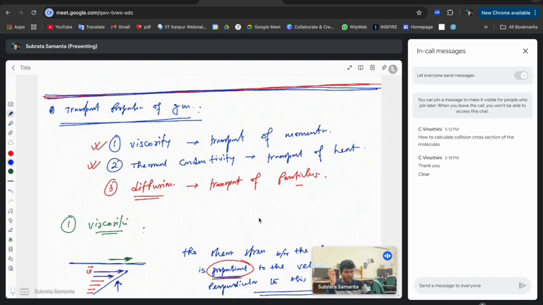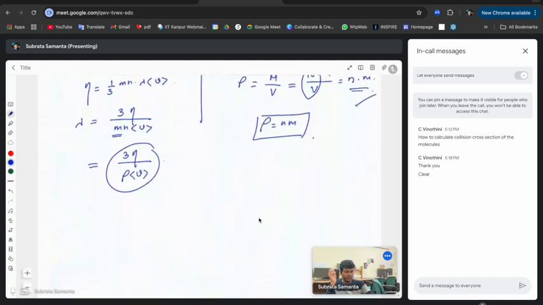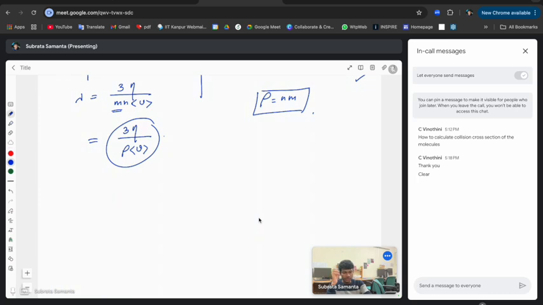Today I will discuss the thermal conductivity parts and solve some problems related to this. So far, any questions? It seems there are no questions, so I will continue.